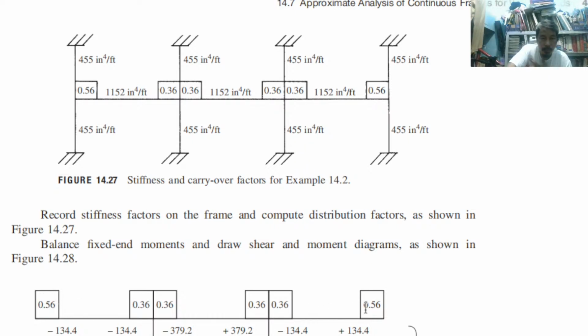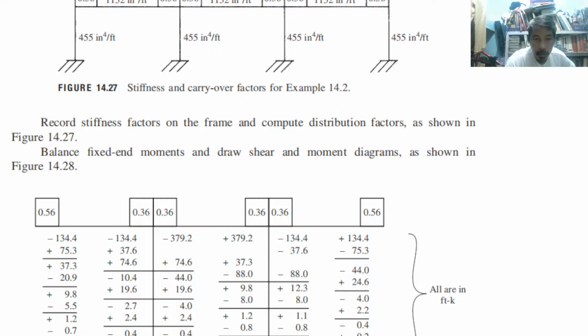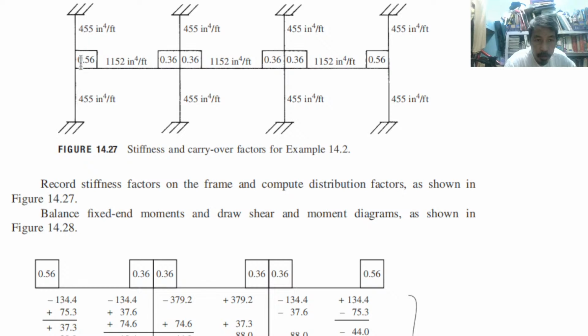Computing those, you can compute this 0.56 from this 1, 2, 3 out of this 3. Then you can compute 0.36 from this 1, 2, 3, 4.